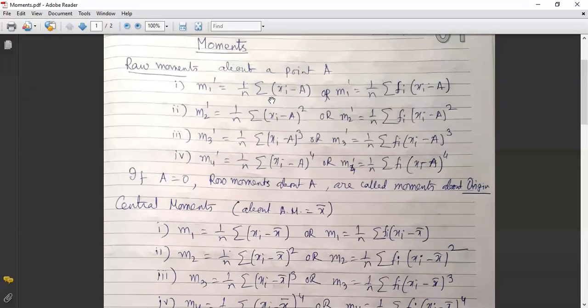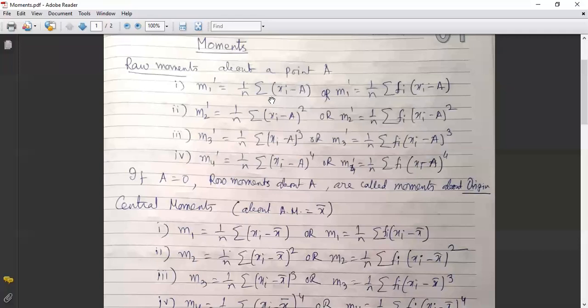One is used for measurement of central tendency, and another is used for measurement of dispersion, the scatteredness, spreadness, etc. To measure the scatteredness of the data, we generally use standard deviation, and to find the average value of the data pattern, we most of the time use the arithmetic mean.